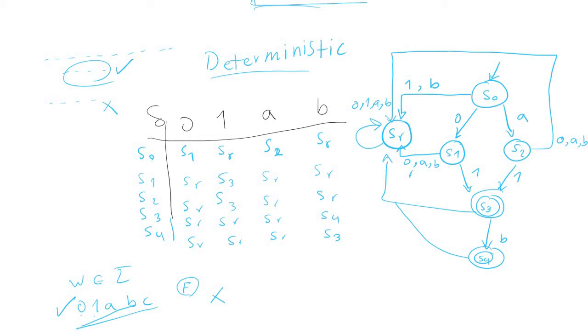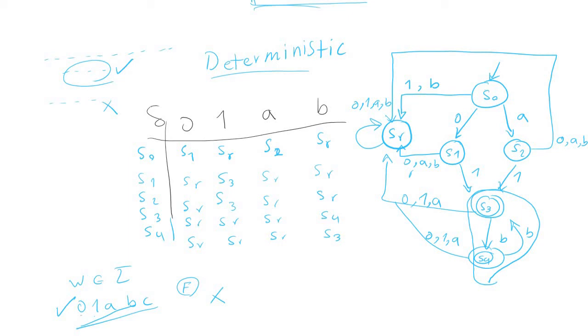So we have 0, 1 and A, and 0, 1 and A. Another thing we can do now is merge these two states together, which simplifies our state machine.